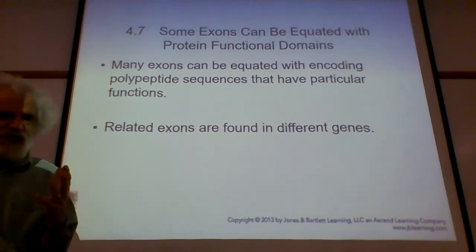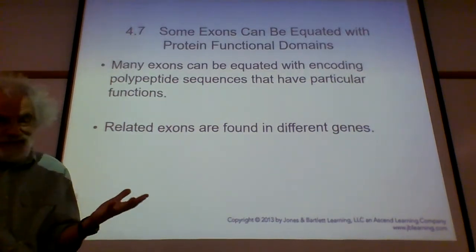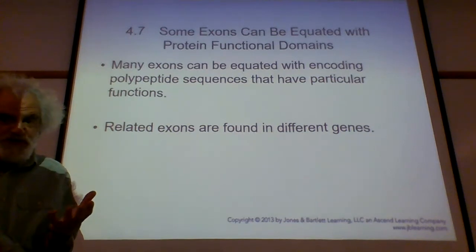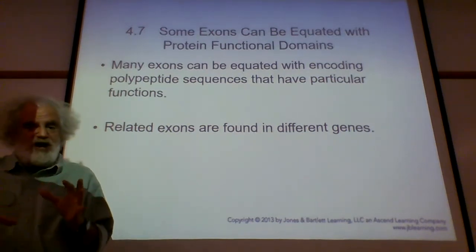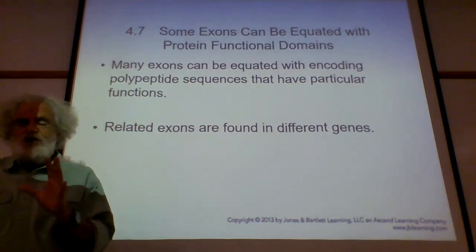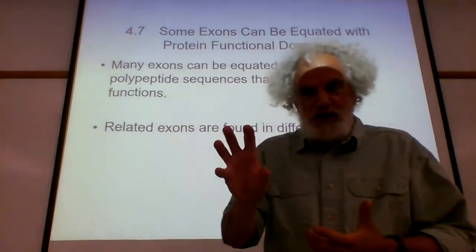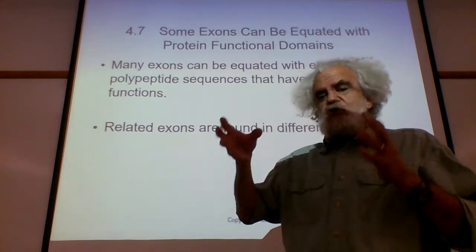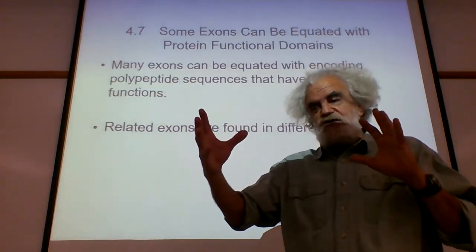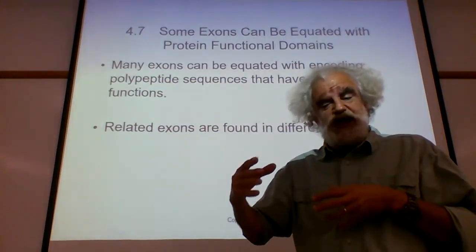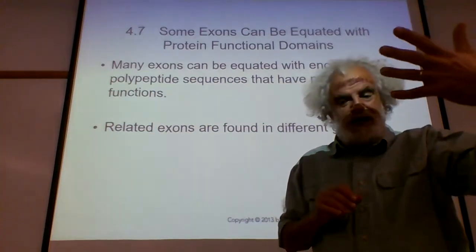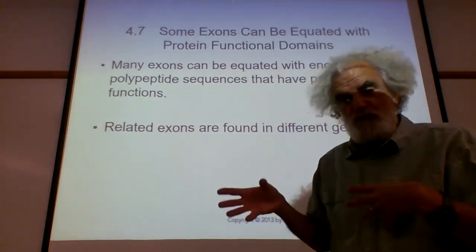One of the things that we can begin thinking about that actually does seem like it has some legitimacy is that the exons can be equated with protein domains, with these functional domains. So you have a kinase region, a region that's going to act as a kinase. You can have these different spots for directing protein localization. You could have membrane-bound versus non-membrane-bound forms of a protein.